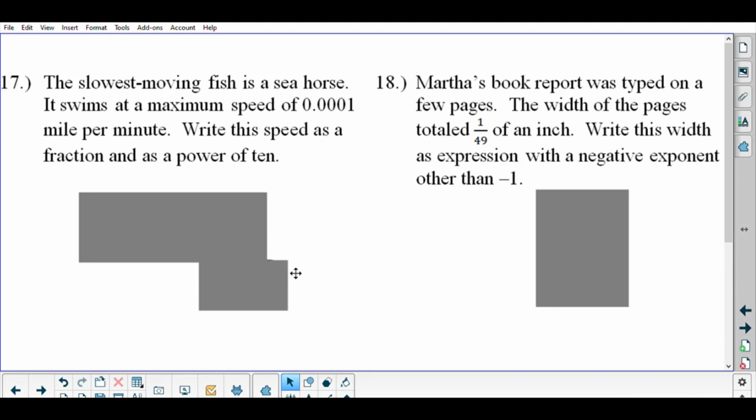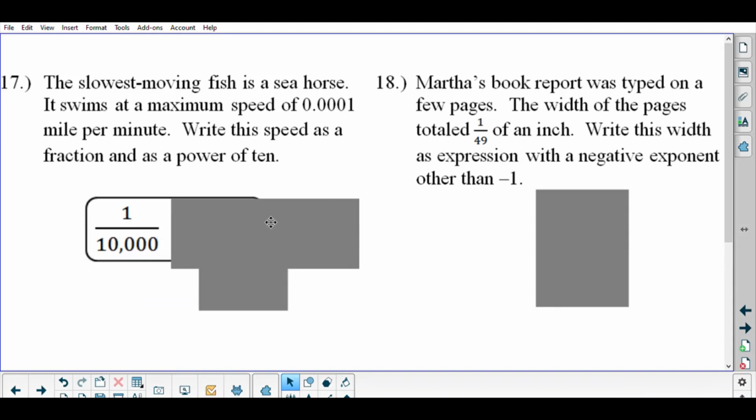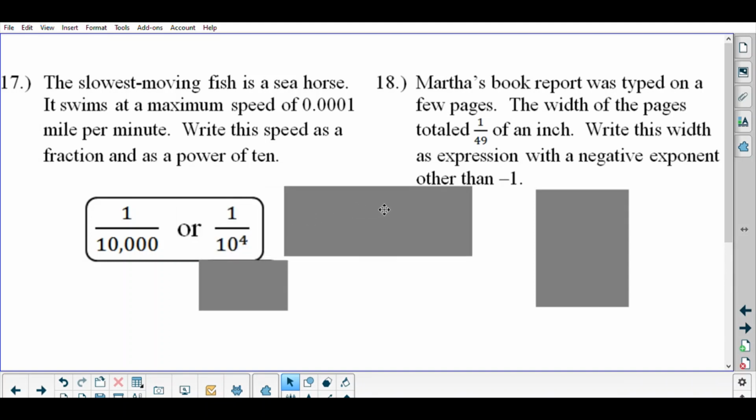Number 17, the slowest moving fish is a seahorse. It swims at a maximum speed of 0.0001 miles per minute. Write this speed as a fraction and as a power of 10. All right, if I write this as a fraction, that would be 1 over 10,000, which is the same as 1 over 10 to the 4th.